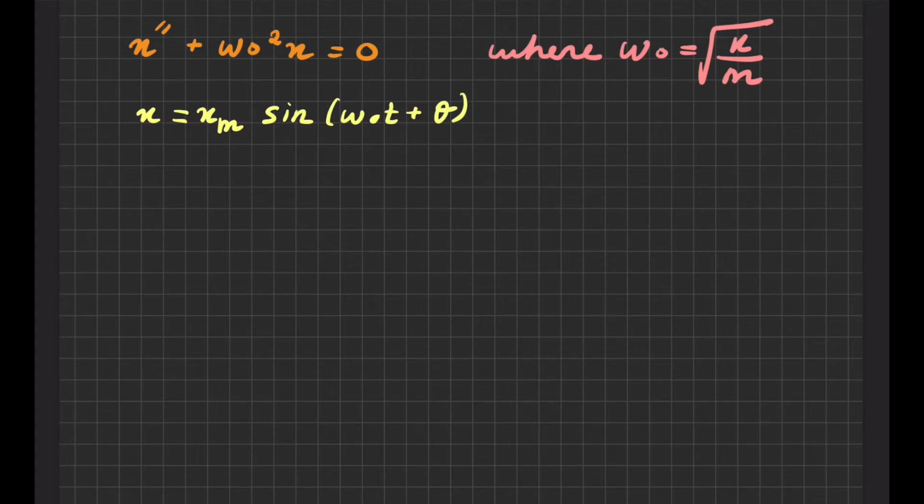Now, what is the meaning of each of these terms here? As we said, xm is the shift and it's a constant. Omega 0 is the angular frequency, time is t.